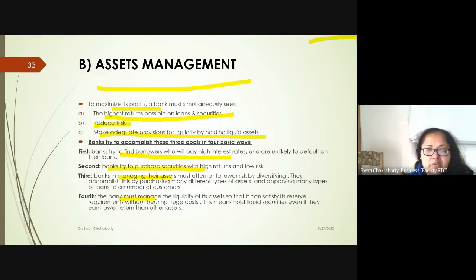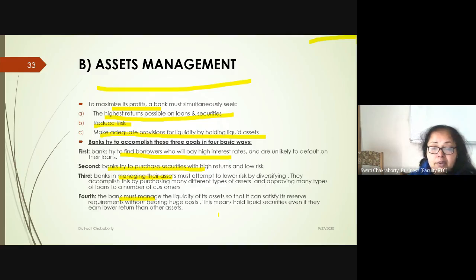And fourth, the bank must manage the liquidity of all its assets so that it can satisfy its reserve requirements without bearing huge cost. This means holding liquid securities, even if they earn a lower return than other assets.